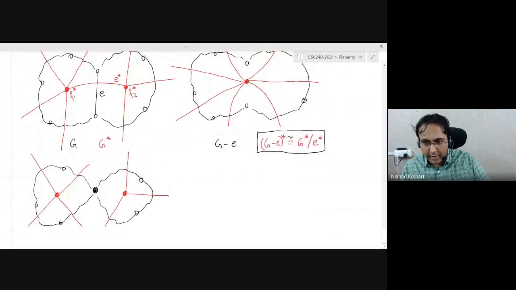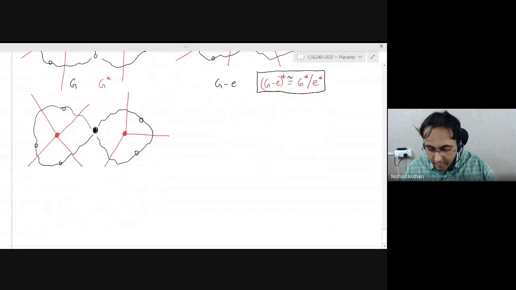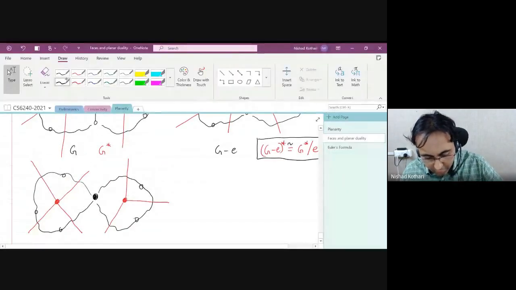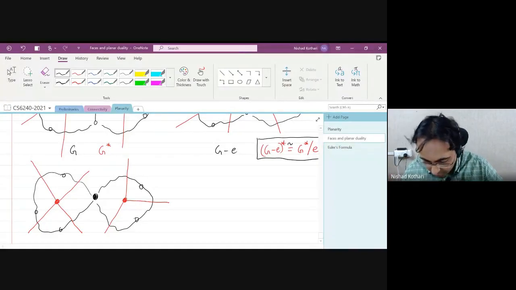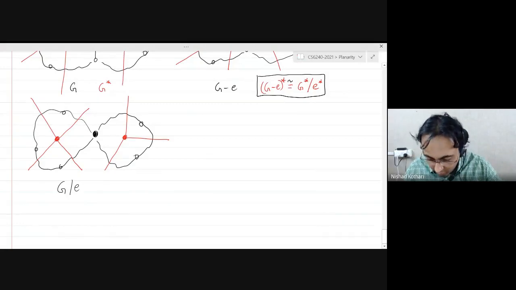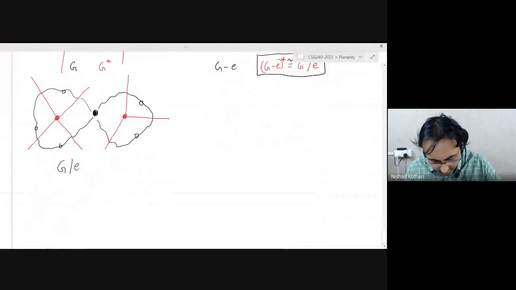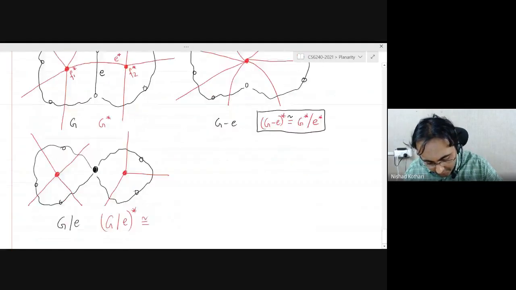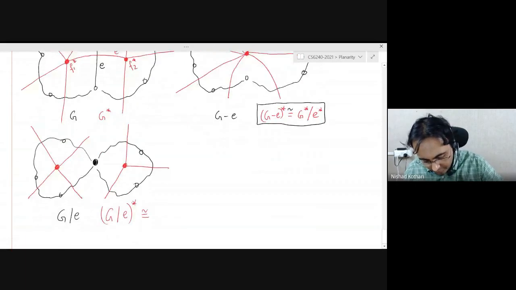How are the two duals related? Deletion, exactly. So contracting an edge corresponds to taking the dual and then deleting that edge. Here what we have is G contract E, and what we have in red is the dual of G contract E, which, as you can observe, is the same as first taking the dual and then deleting the edge E star.